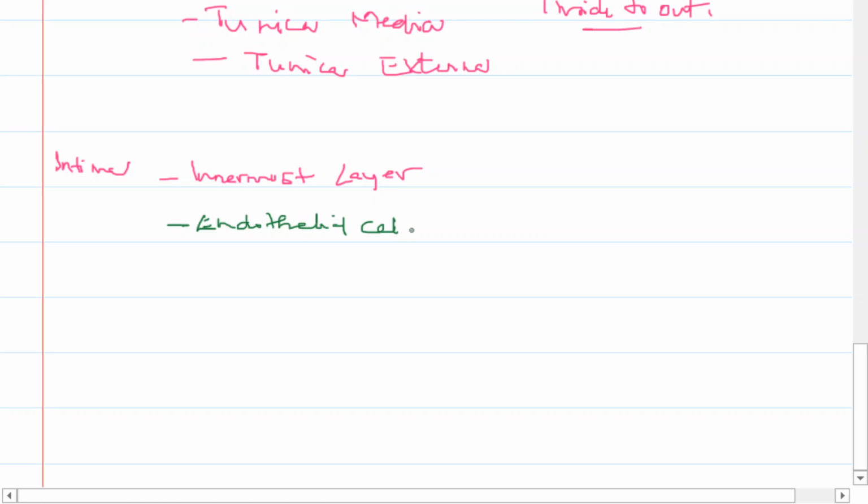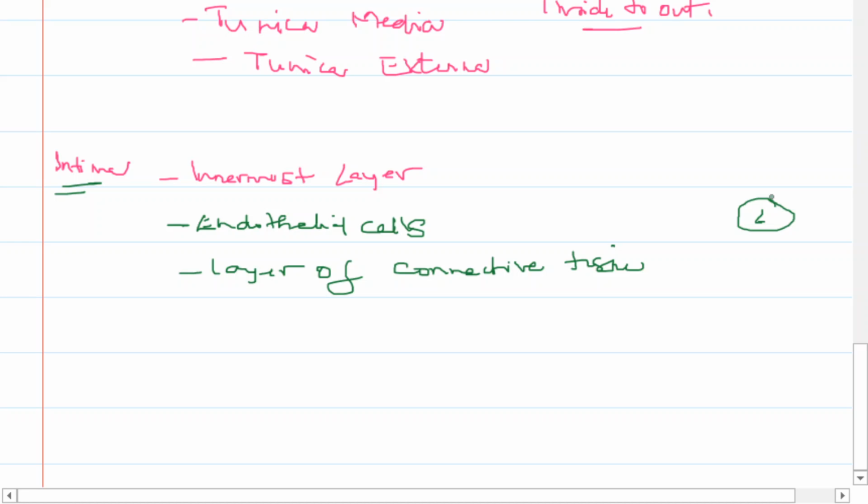Endothelial cells line the inner layer, and you find a layer of connective tissue. This is the innermost layer, which is the tunica intima. And this will be the lumen, right? So we are going from the inside out, right? So the innermost layer is the tunica intima. Of course, it is not that big because it's only a layer of endothelial cells.